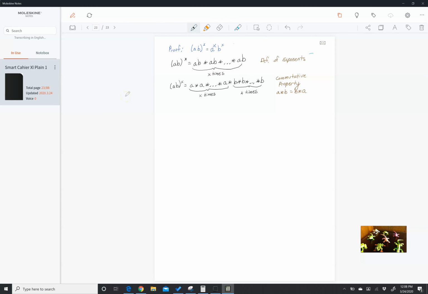This I usually wouldn't put in a proof. Again, it's just because we don't have a lot of room, so I can't put the left side on the left and the right side on the right. So we're just indicating the difference. Now we can expand the right side. So the right side says a to the x times b to the x. And we know, using the definition of exponents, that this is a times a times a, x times.